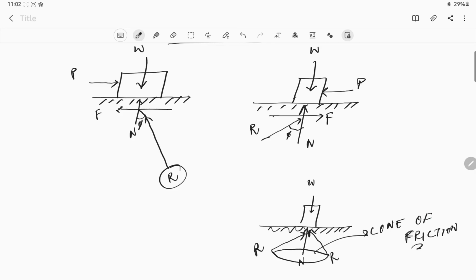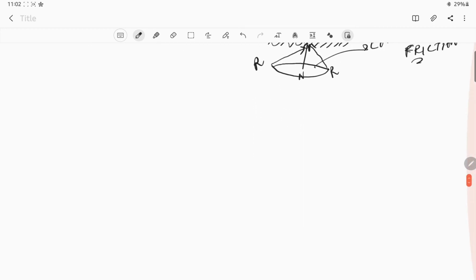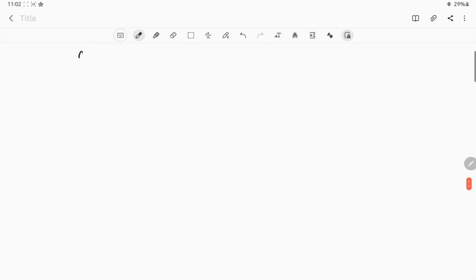Okay, I'll write down the theory here, the definition of cone of friction.